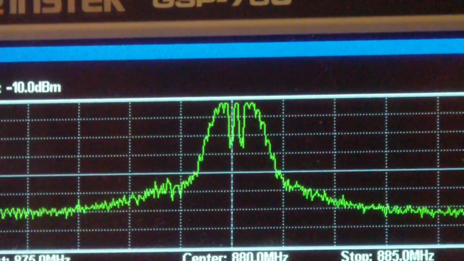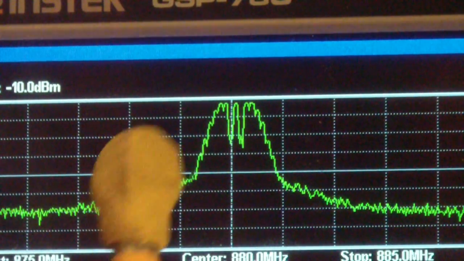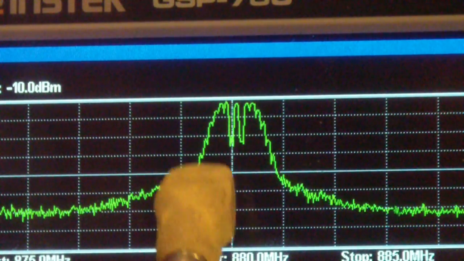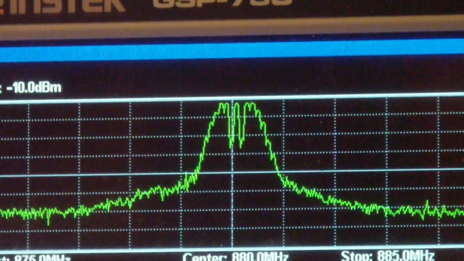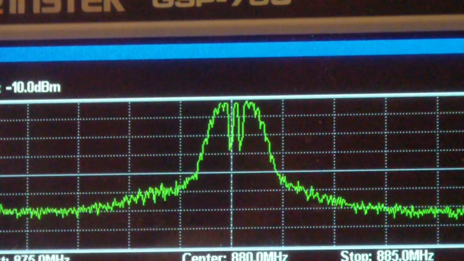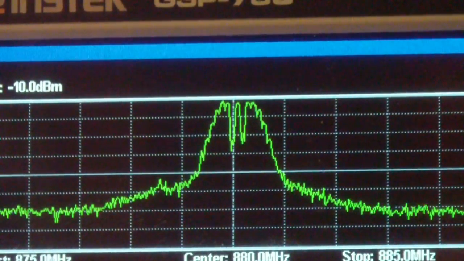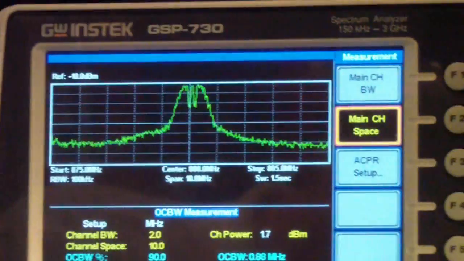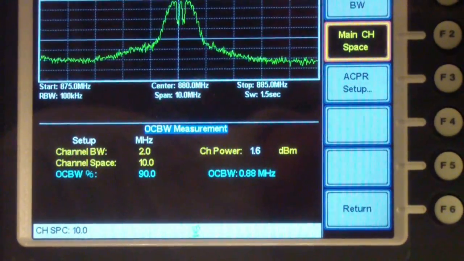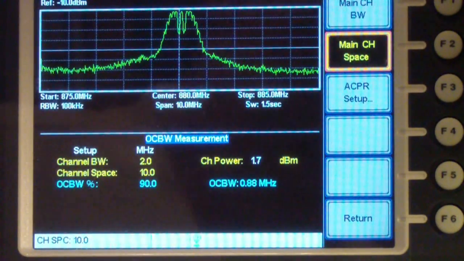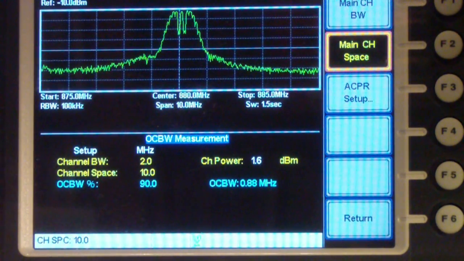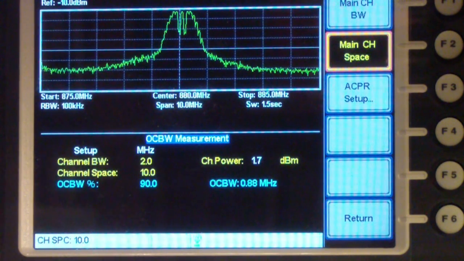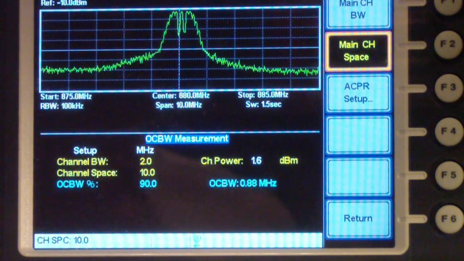So those are things that cause people to take measurements of things like occupied bandwidth and adjacent channel power ratio very seriously. And it's one of the reasons why this Instek, for example, which was developed to do measurements in that area, actually it was optimized, I believe, to work in the cell phone bands, partly because of the way the resolution bandwidths are set up.